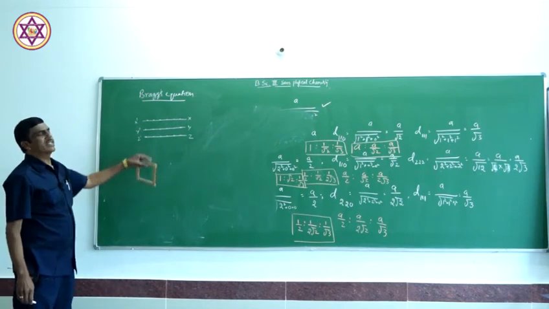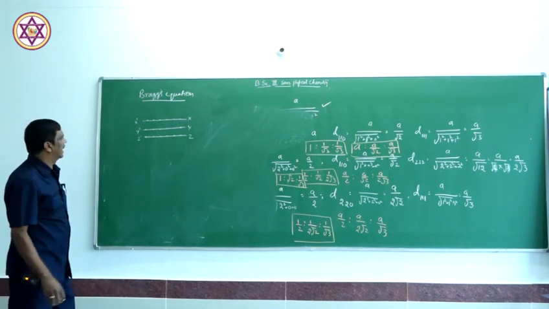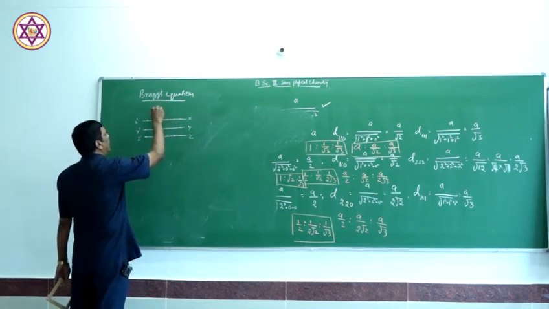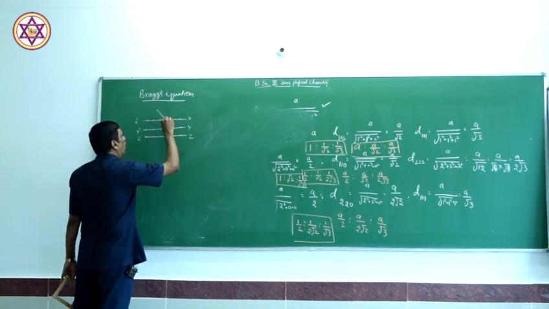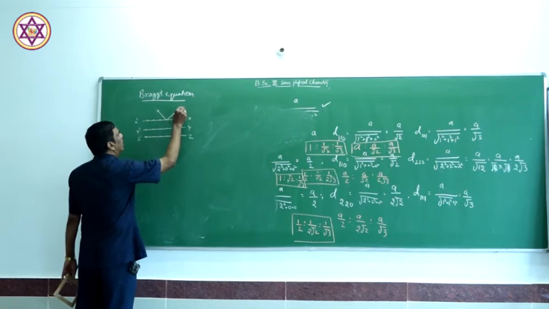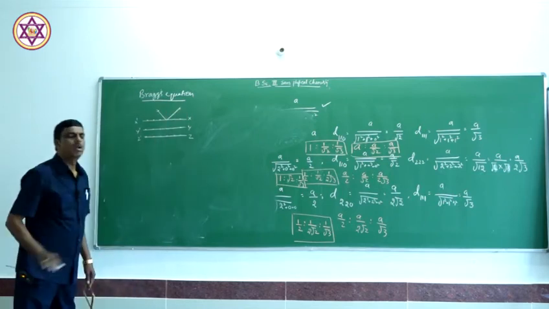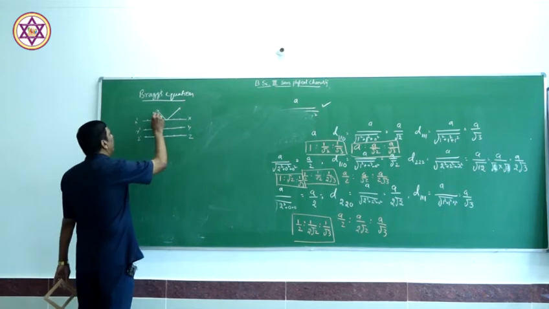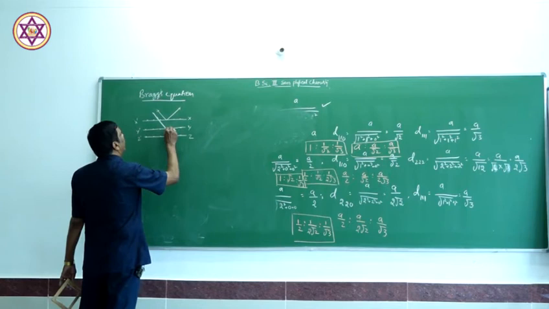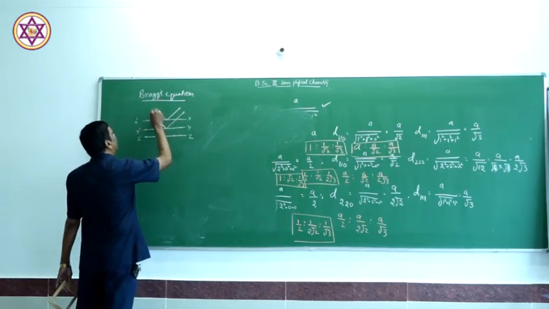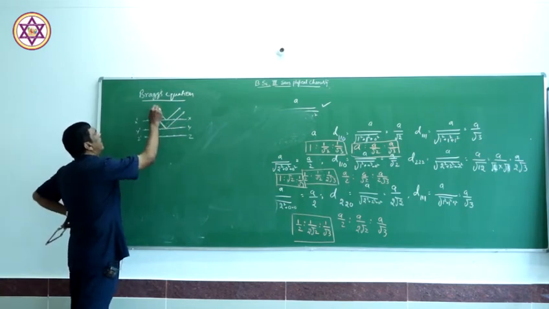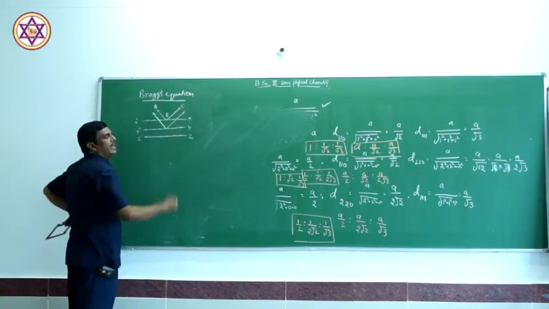Now, you irradiate this with monochromatic X-ray. This is the incident ray, and it will be reflected back on the first plane. The next ray enters into the second plane and is reflected back. Let it be the ray ABC.